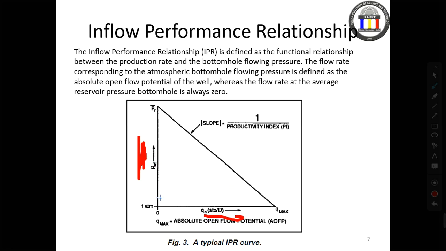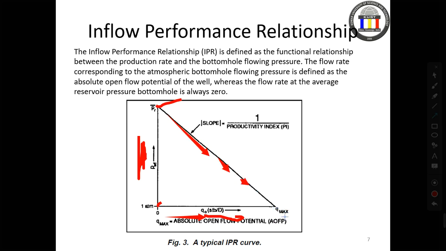Okay, so for example, when the well is shut in, it means that there is no flow. When there is no flow, we are dealing with the reservoir pressure, meaning the original reservoir pressure. But as you start flowing, the pressure starts to drop.